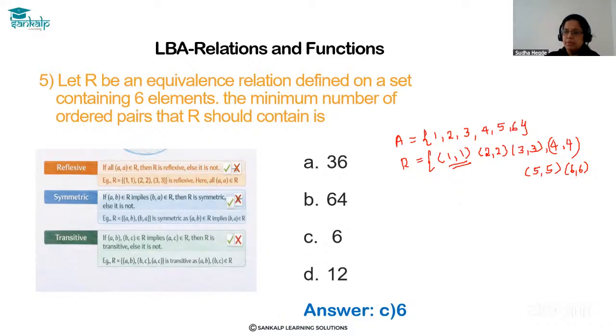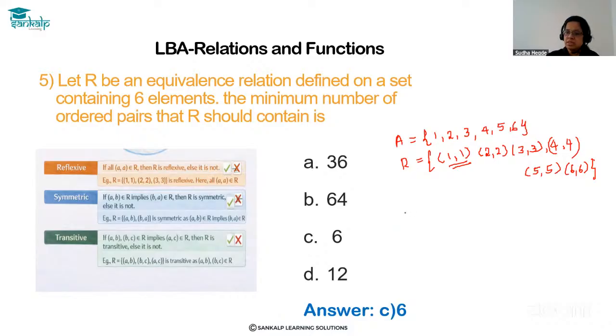So this is the minimum number of elements required to be an equivalence relation. If there are 6 elements in A, R should contain 6 elements to be an equivalence relation.